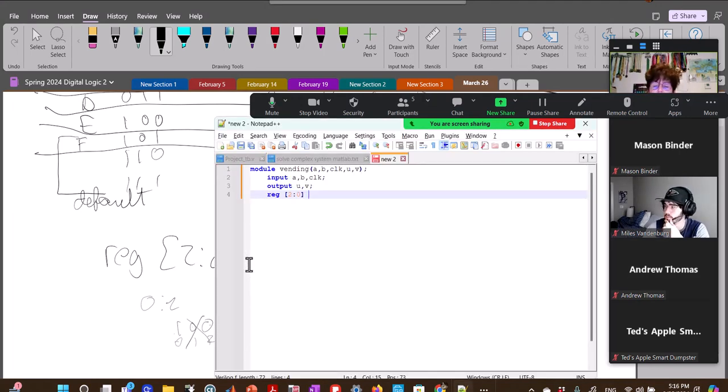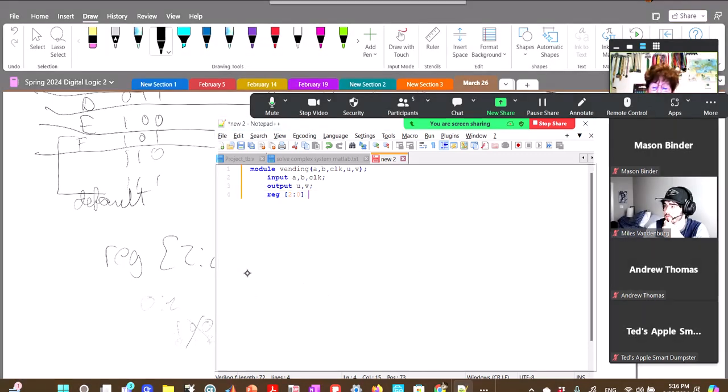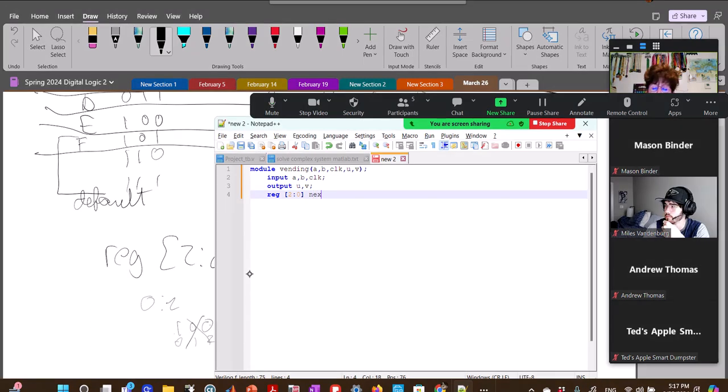So reg 2:0. They're reg because I'm going to change them in an always block, and I'll call them next state and current state.